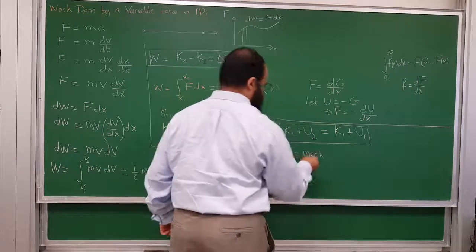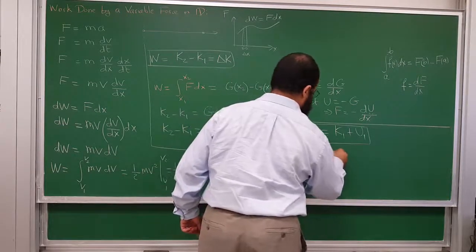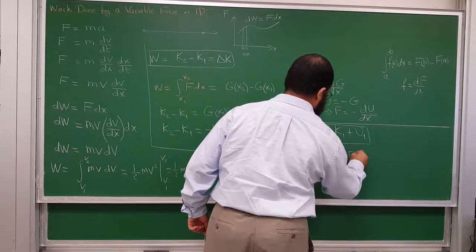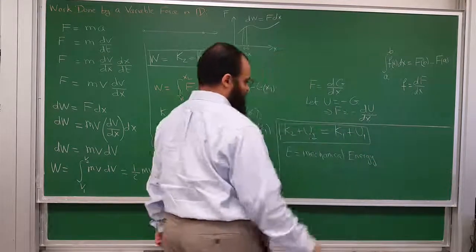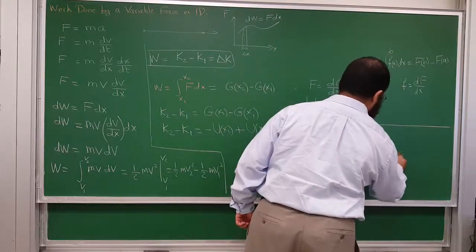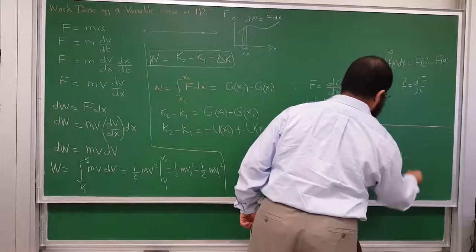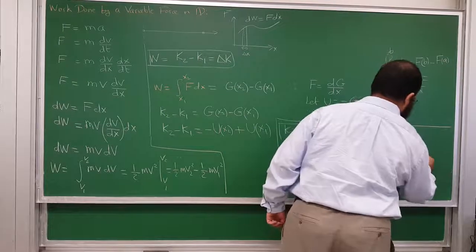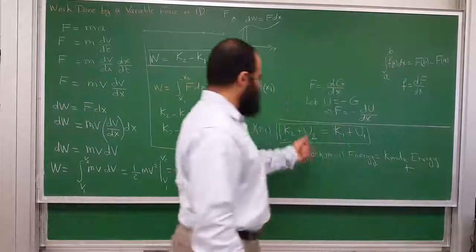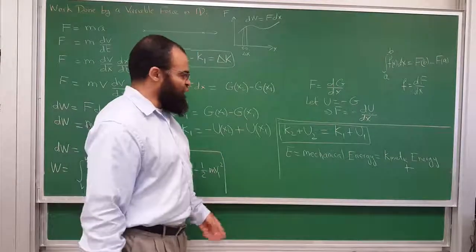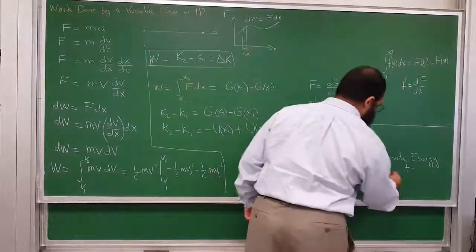U is part of the mechanical energy. More about that in the next chapter. The mechanical energy of an object is equal to the kinetic energy plus something else, plus this U. And this U function, we will call the potential energy.